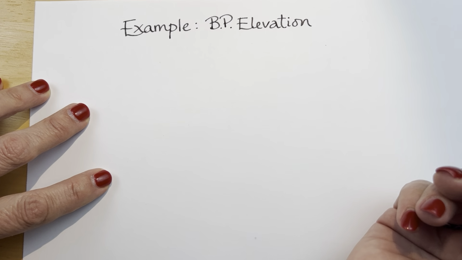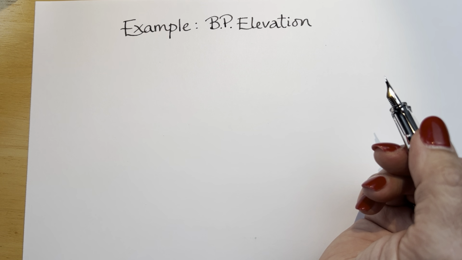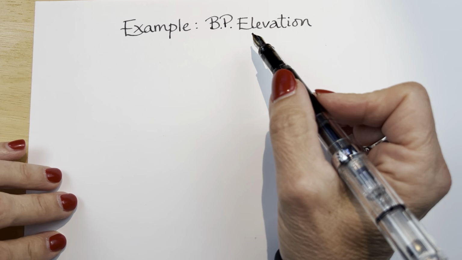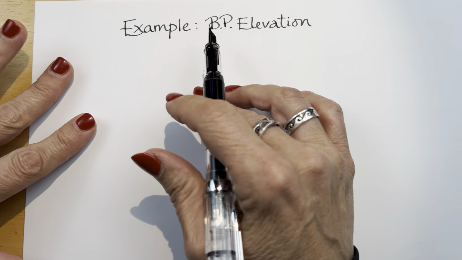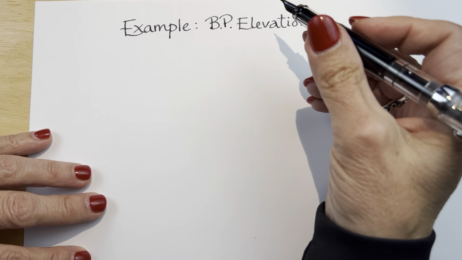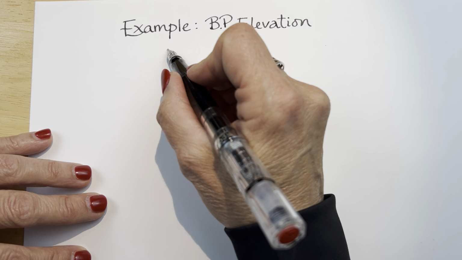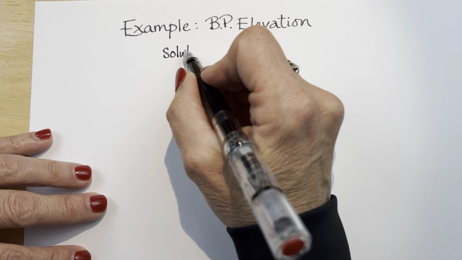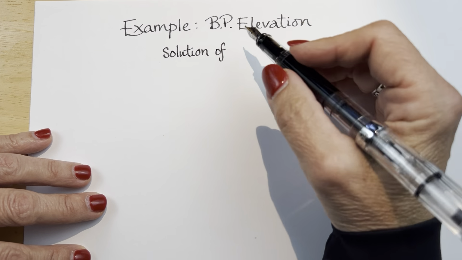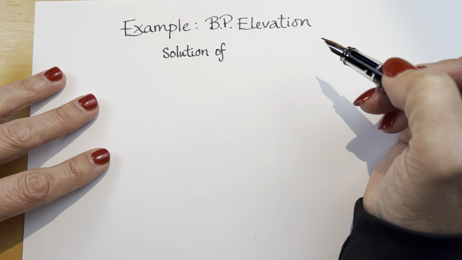And let's look at if we were to have a solution. It kind of depends on what you are dissolving into what. But we could say that we've got a solution, and here we need to know what the molality is.